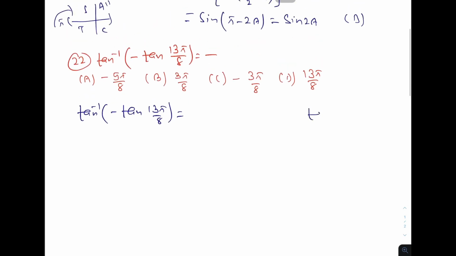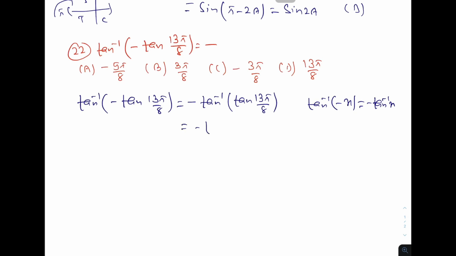So we know the formula tan inverse of minus x is equal to minus tan inverse x. So this is equal to minus tan inverse tan of 13 pi by 8.